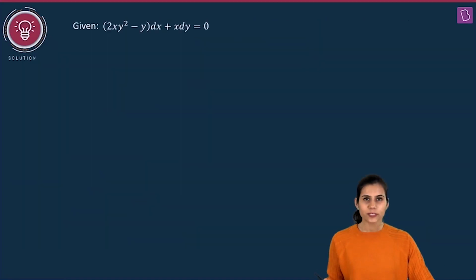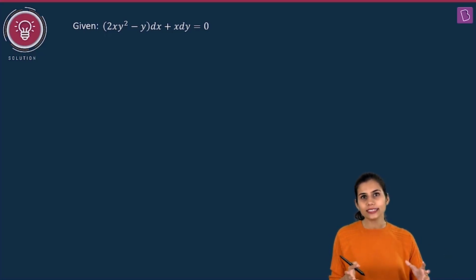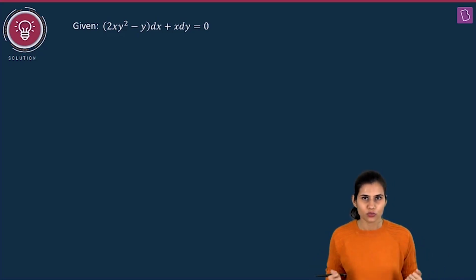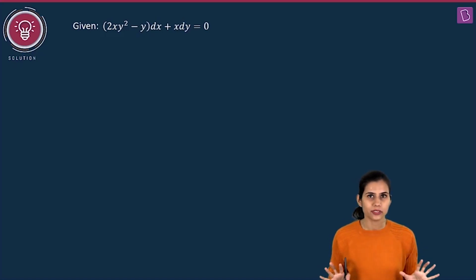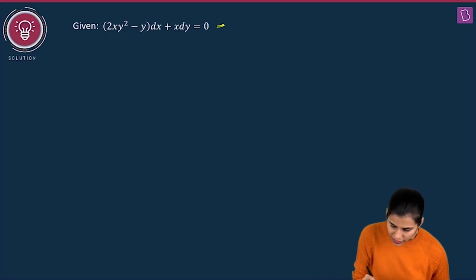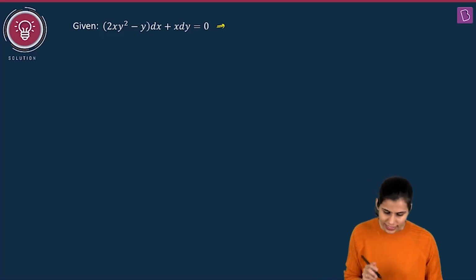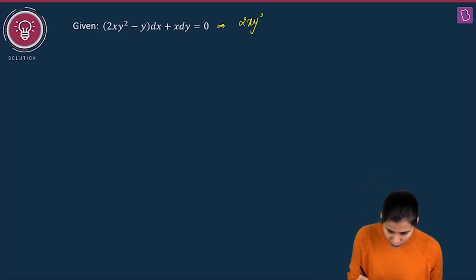But before that, we have to explicitly compute the solution curve, right? For that, the primary agenda is to solve this differential equation. Right now, when you look at it, it doesn't seem to be solvable by any of the familiar methods known to us. So we have to somehow convert it to one of the known familiar methods of solving a differential equation, right? So what I'm going to do in here is push dy by dx to one side and keep everything else to one side. So I'll have (2xy square minus y) dx equals minus x dy.